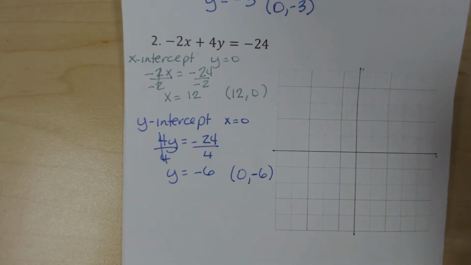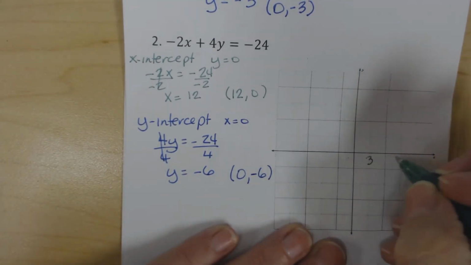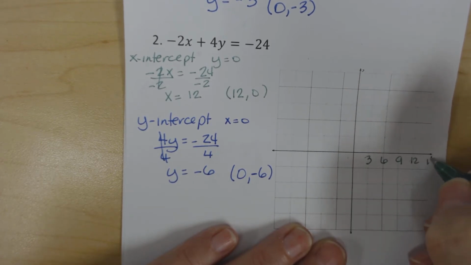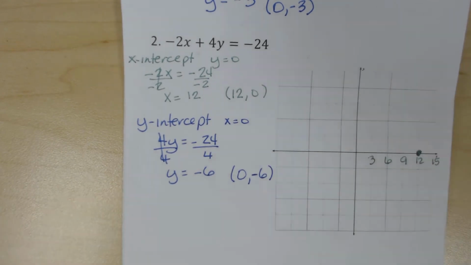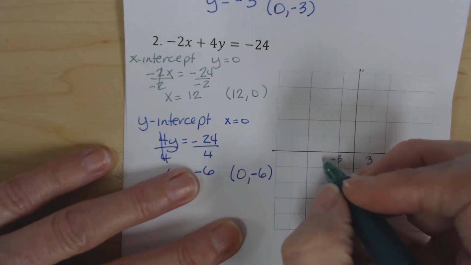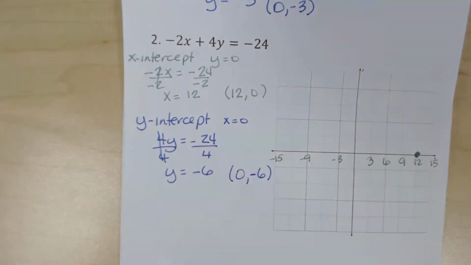So what I'm going to do here is count by 3's. So this will be 3, 6, 9, 12, 15, and then I can put my x-intercept at (12, 0). On this side, it's going to be negative 3, negative 6, negative 9, negative 12, negative 15, just to label that.